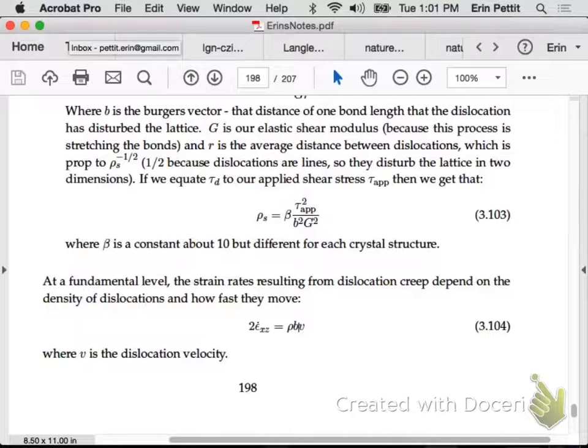So the main thing I want you guys to get out of this is that when we're dealing with earth materials, which are most of the time polycrystalline minerals, either mono or polymineralic, they might have different types of minerals mixed together, or they might be like ice, which is one mineral, but lots of crystals.